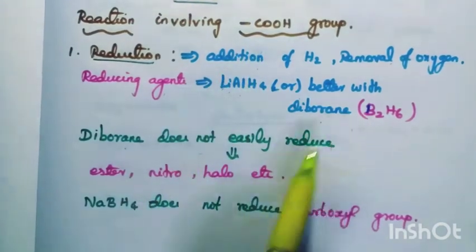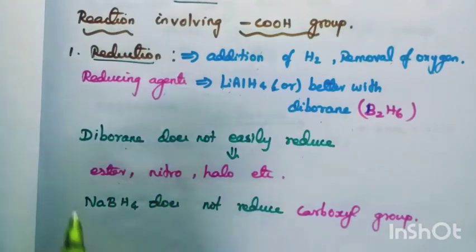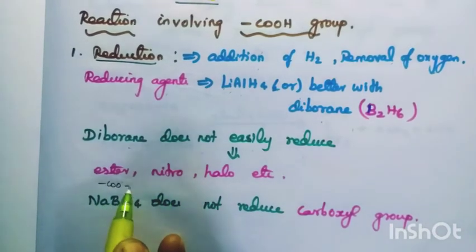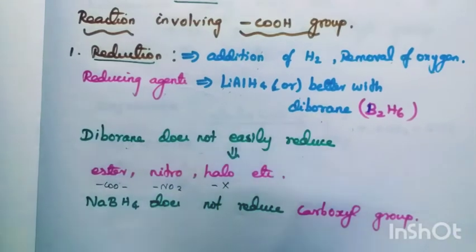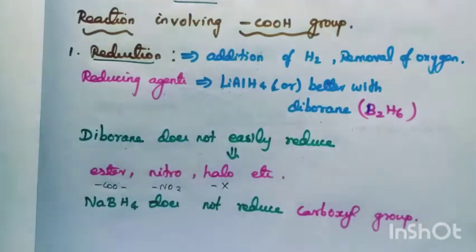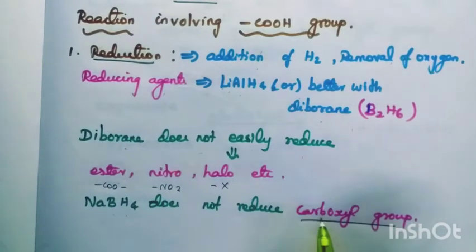But diborane cannot be used for ester, nitro. Ester means the COO group, nitro means the NO2 group, and halo means Cl, Br. It cannot reduce these types of compounds, that is ester, nitro and halo. Sodium borohydride does not reduce the carboxyl group, so we cannot use sodium borohydride for reducing carboxylic acid.